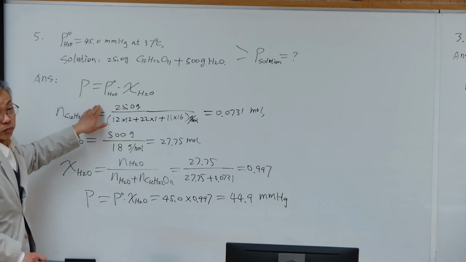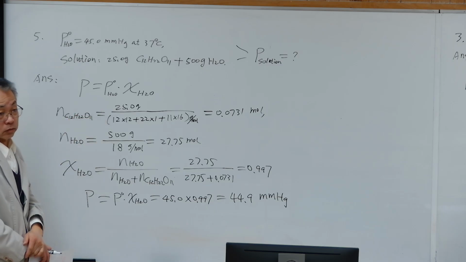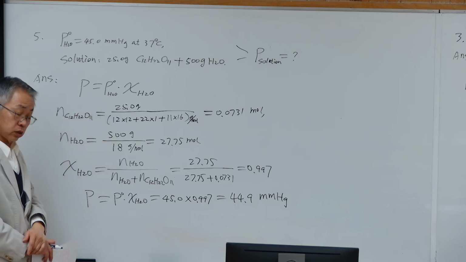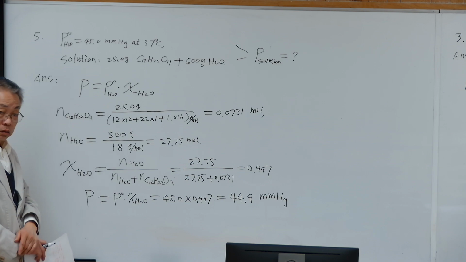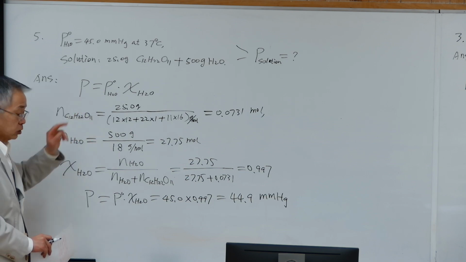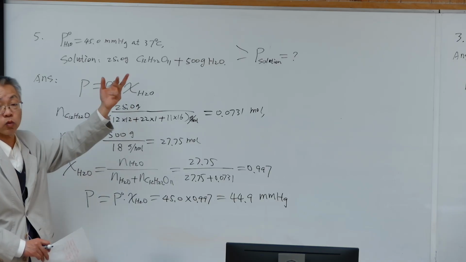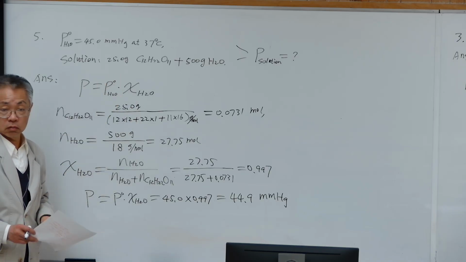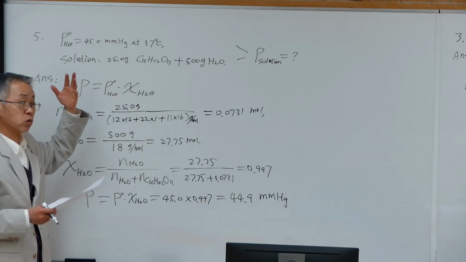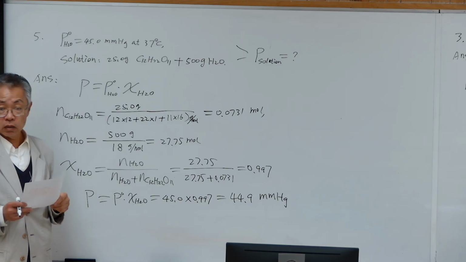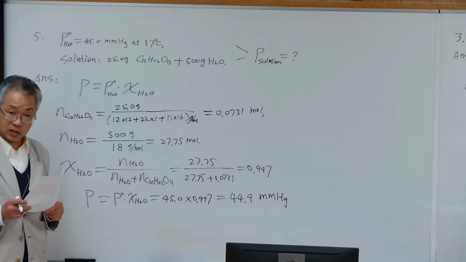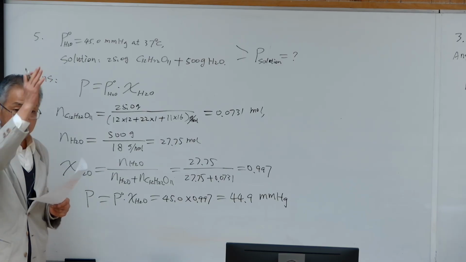You need to remember this formula. So when some solid is dissolved in water, vapor pressure will be lower because the solvent mole fraction is always less than 1. Again, this vapor pressure is always the solvent vapor pressure. Solute, this solid, cannot vaporize as a gas.